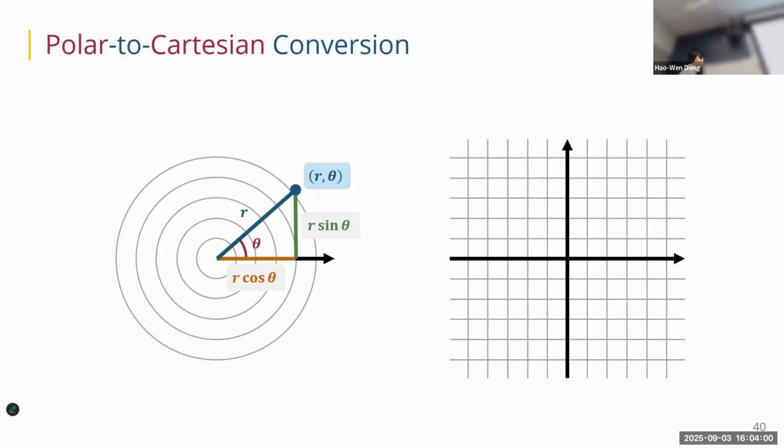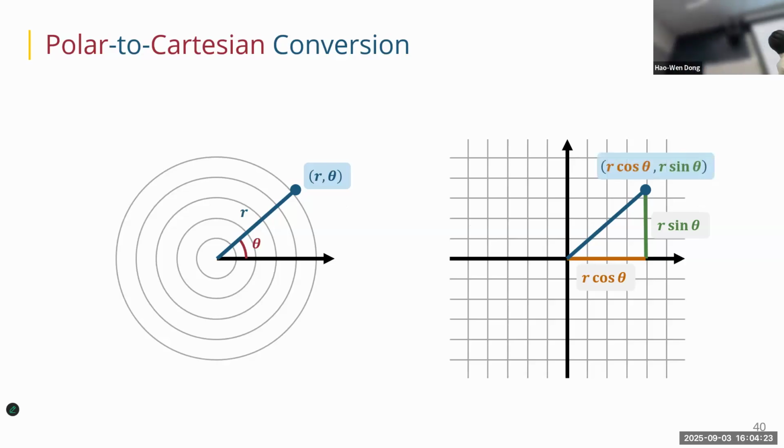The easiest way I remember is that when you write an S, you write it this way, so this will be the sine. And when you write a C, this will be the cosine. I sometimes still forget which one is cosine and which one is sine.